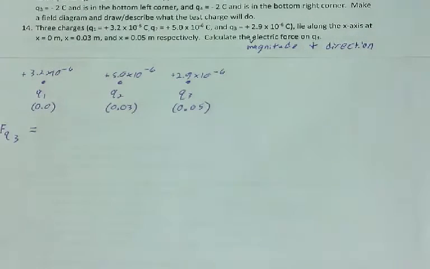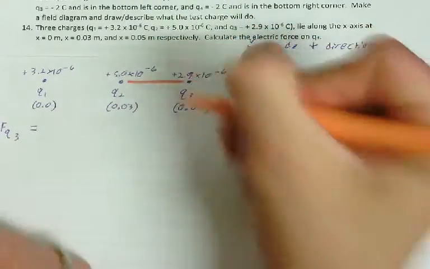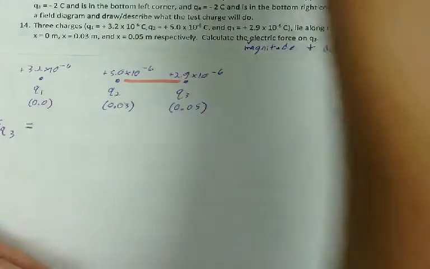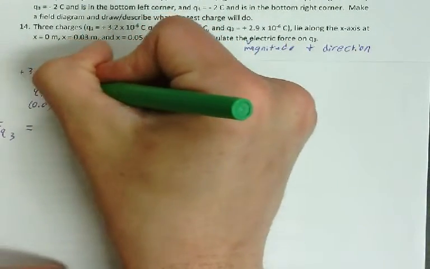Superposition for quantum mechanics is things can act as waves and particles, which means they can have more than one state at a time. This is more than one force at a time. So what are the forces? There's a force acting between 2 and 3. That's the obvious one. But there's also a force acting between 1 and 3. And that one's not quite as obvious.